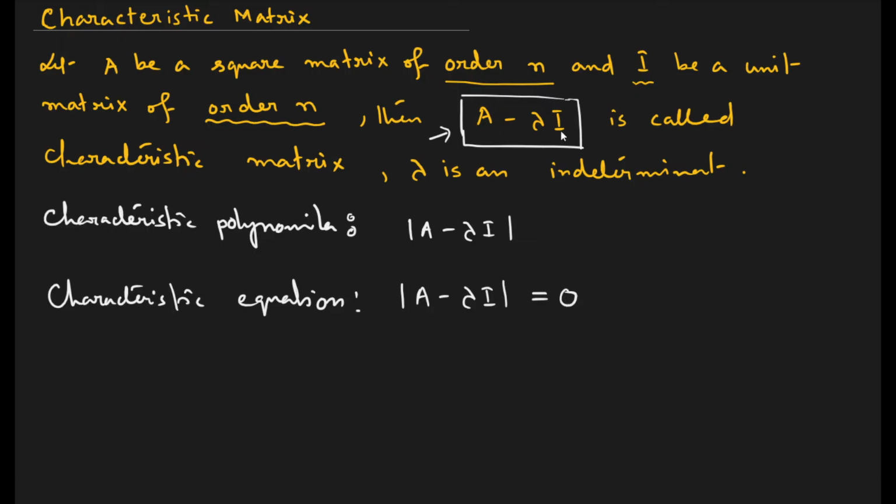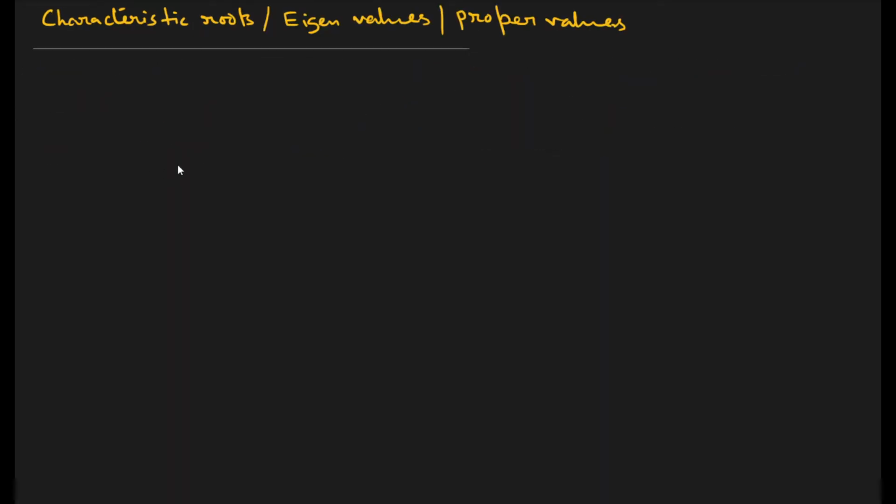So A minus lambda I is the characteristic matrix, the determinant is the polynomial, and the determinant equal to 0 is the characteristic equation. Here lambda is unknown. After solving it, we get values of lambda, called characteristic roots or eigenvalues.